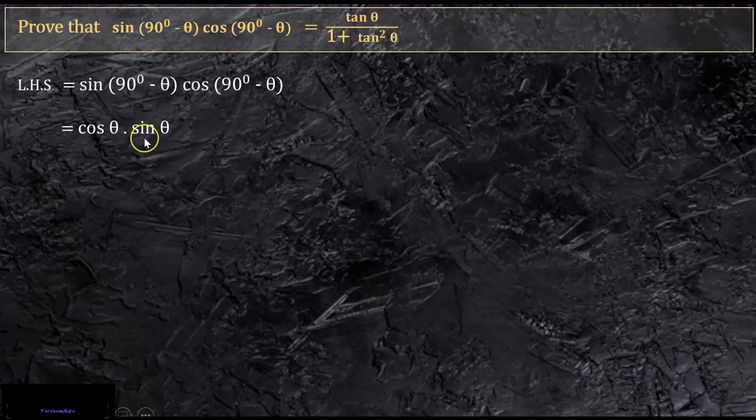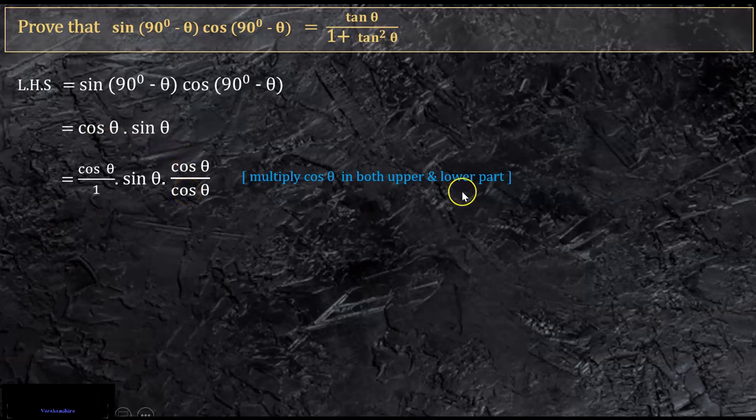So what we will do? We'll take a cos theta, I mean as a load, right? Below sin theta. That means we'll multiply cos theta in the upper and lower part. Okay. So if you consider this, it will become sin theta and cos theta, and this cos theta and this cos theta, it will become cos square theta.